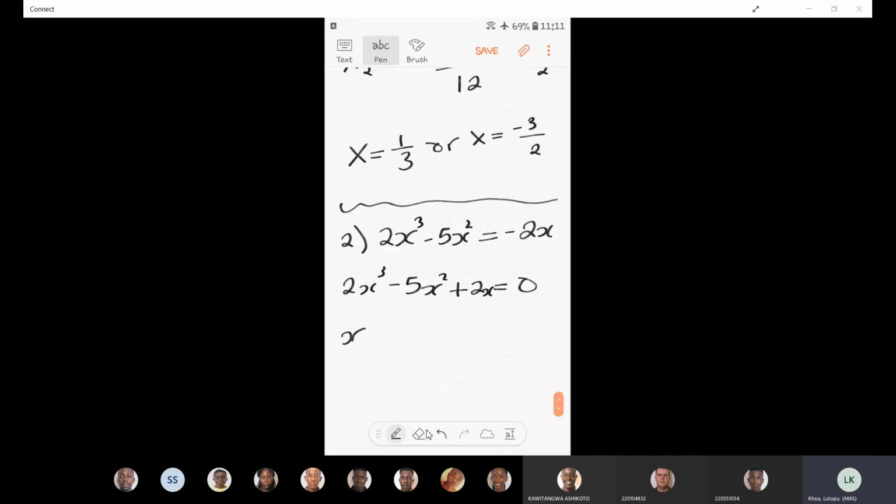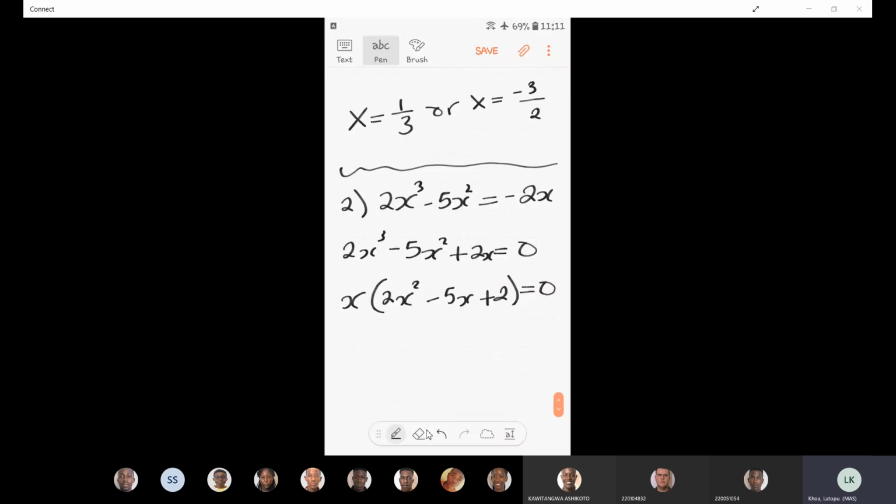So you take the x out, and you have 2x squared minus 5x plus 2, and this is equal to 0. So do not divide by x throughout and cancel it out, because you will lose one of the solutions for x. So factor it out.